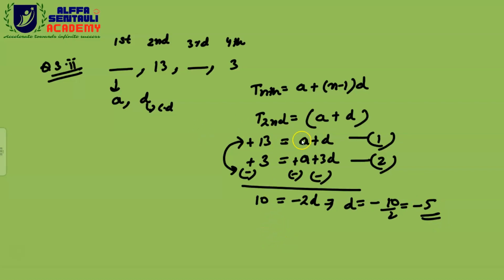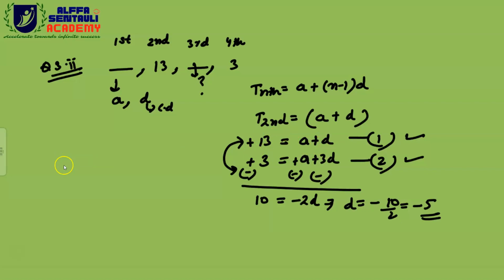And now let us substitute this D in the third term, because we need to find the third term. Let's first of all find the first term, then we'll find the second term. So let us substitute this value of D in equation 1 or equation 2. Let us substitute in equation 1 because it is easier to solve.